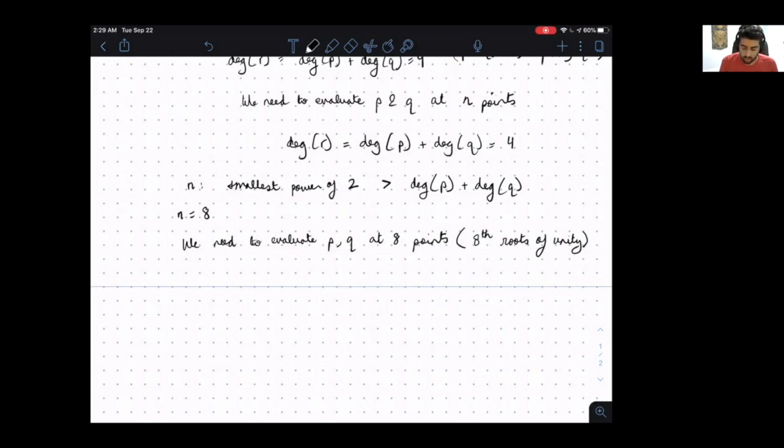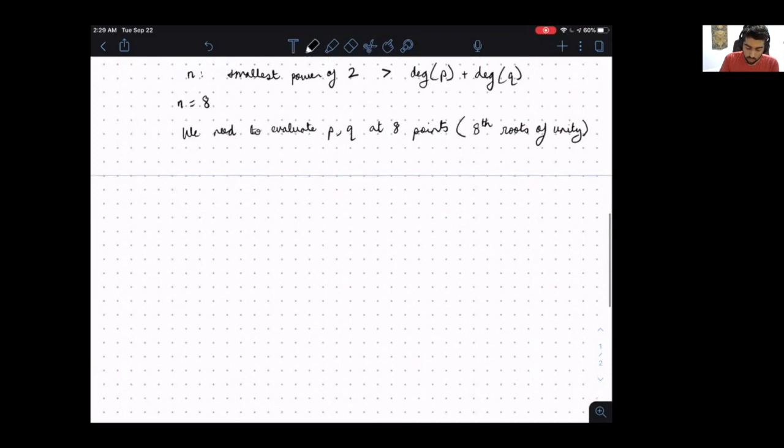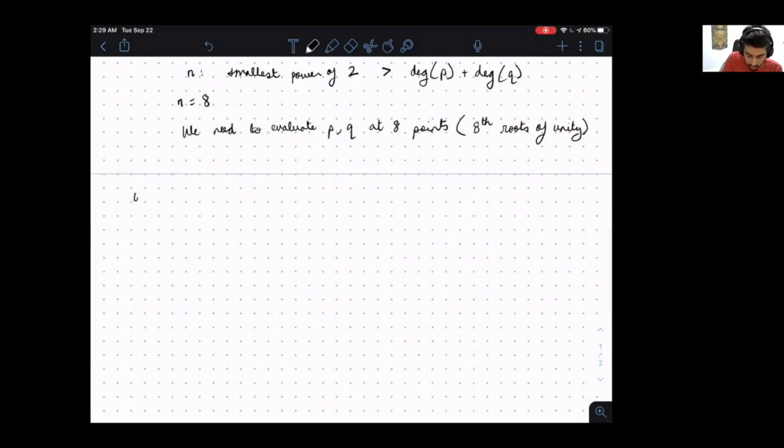Okay, so with that in mind, I'm going to define this variable that I'm going to call omega naught. I'm going to define that to be e to the 2 pi i over 8. And this is going to be the primitive 8th root of unity.